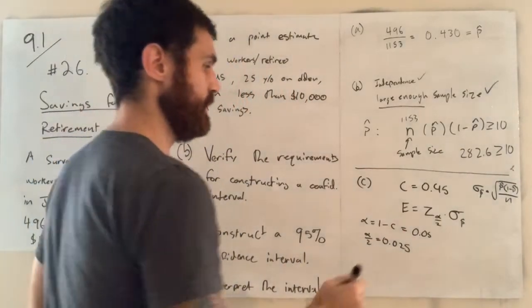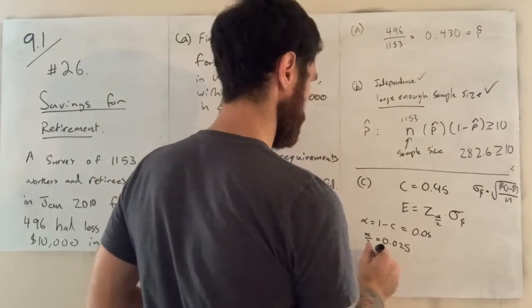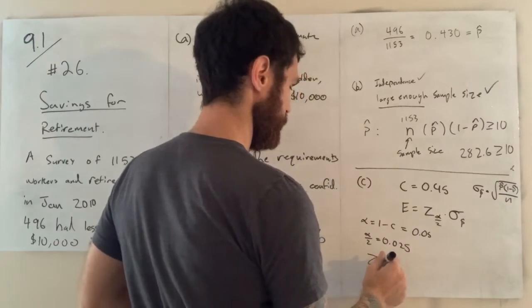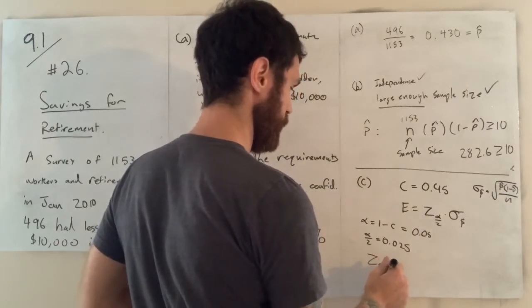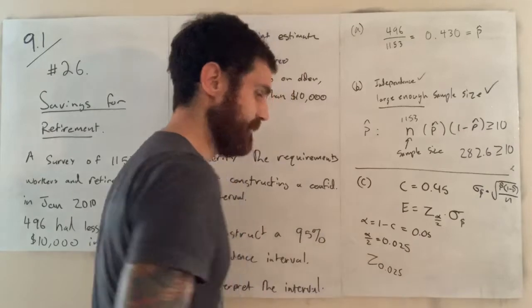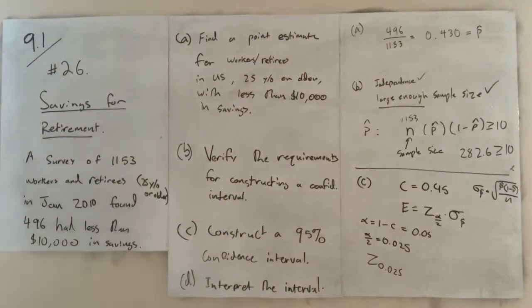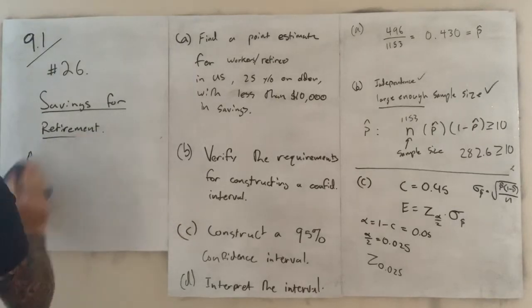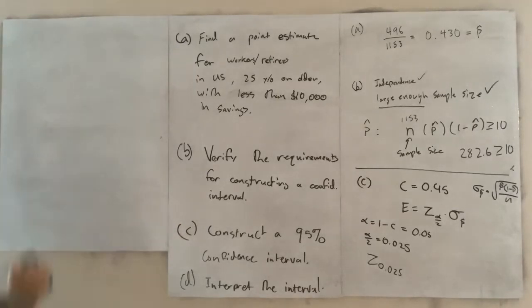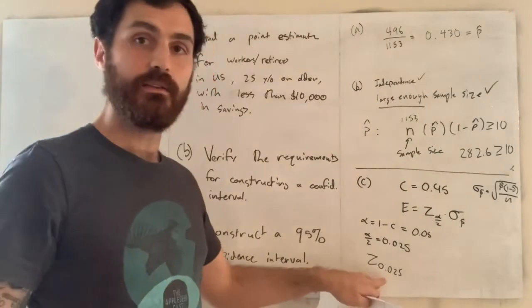And so what we're looking for is the critical value, z sub 0.025. And so what we want to do is remember what that means.